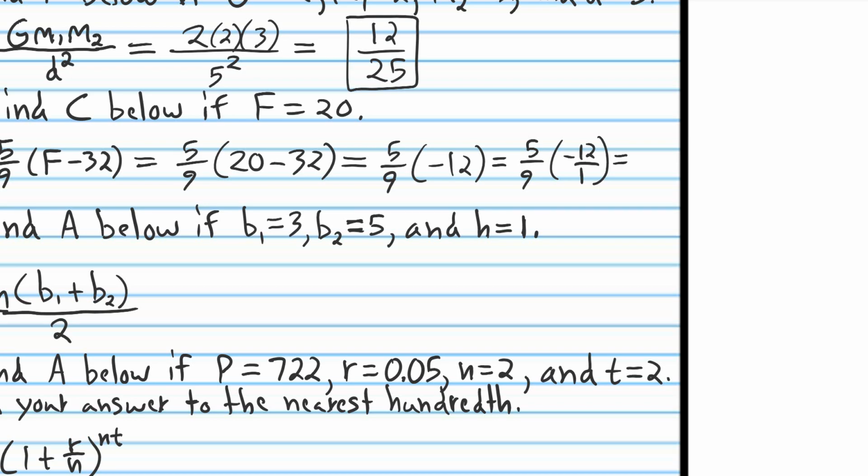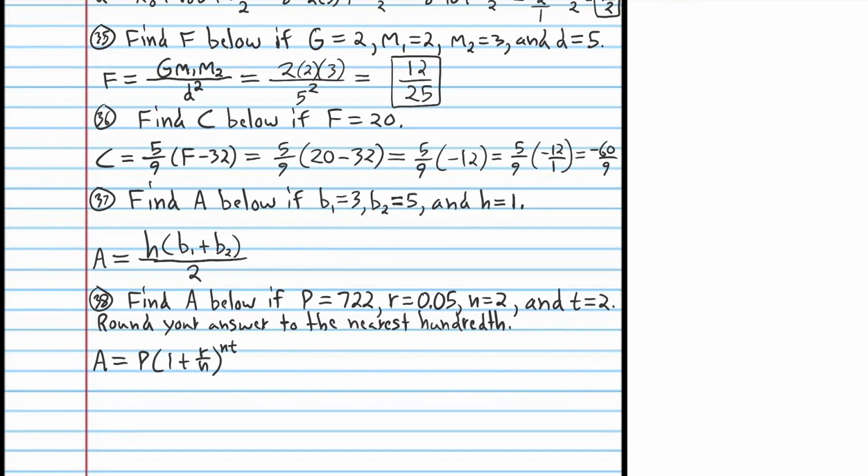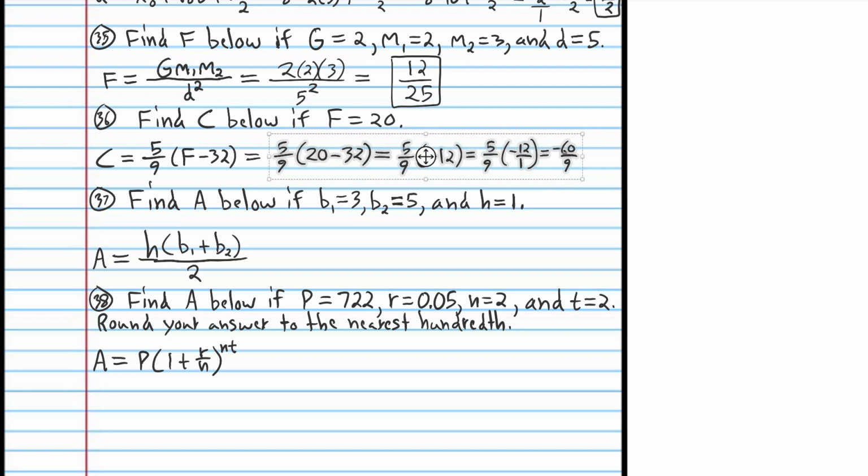So when you multiply two fractions, you just multiply the numerator straight across and the denominator straight across. We learned that in the previous course. Negative 12 times 5 is negative 60, and 9 times 1 is 9. But the bad news is that we can still reduce that. We can leave it as an improper fraction because we don't care about improper fractions in algebra, but we do need to reduce it.